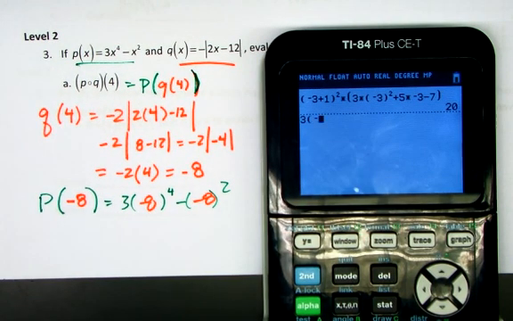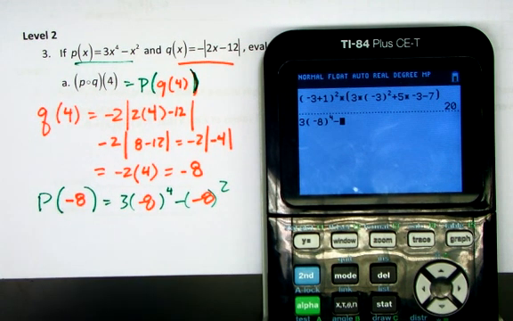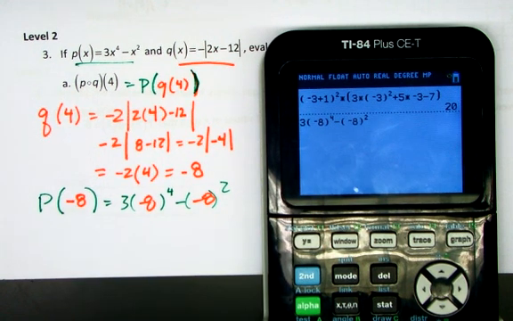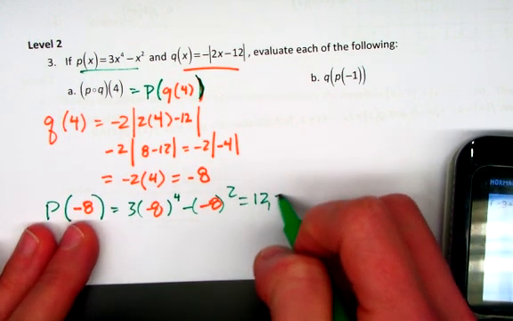Excuse me. Caret 4. Oh, I'm a mess. Minus negative 8 quantity squared. So I just retyped it in as it looks. We get this huge number. So that's going to be 12,224.